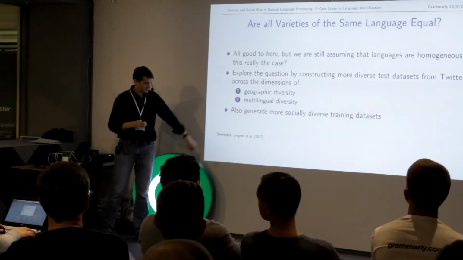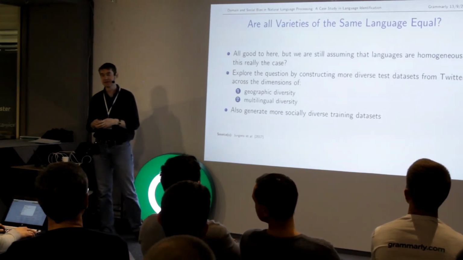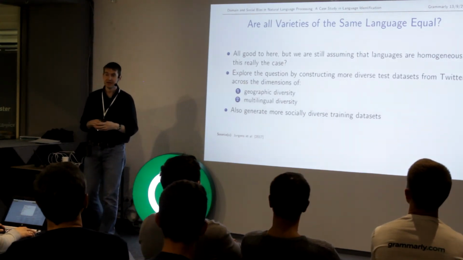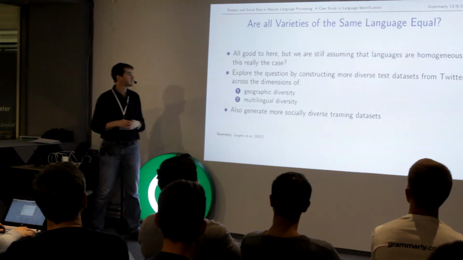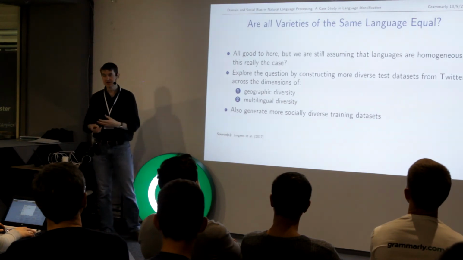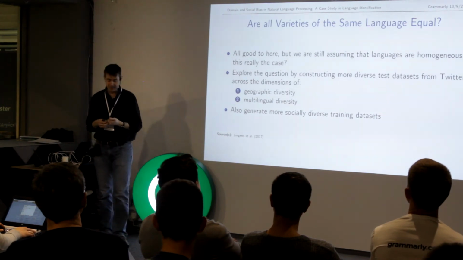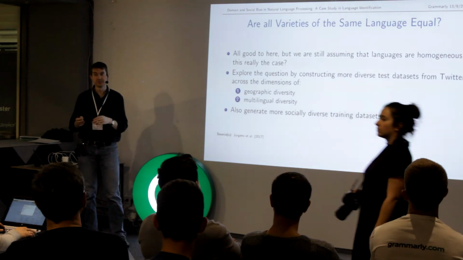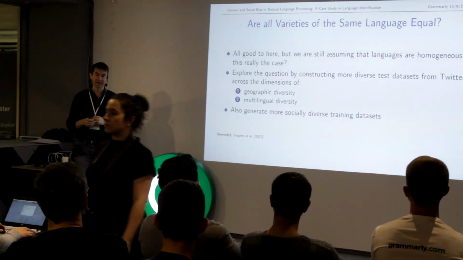Well, there was a wonderful paper at ACL a little earlier this year, a month or so ago, who asked the question, well, you're assuming that languages are homogeneous in the work that we've done and a couple of other people had done, and everything looks rosy in that context, but we know that languages aren't homogeneous.